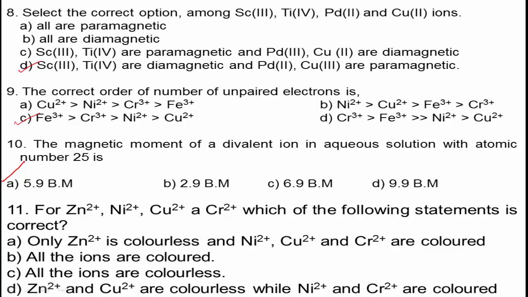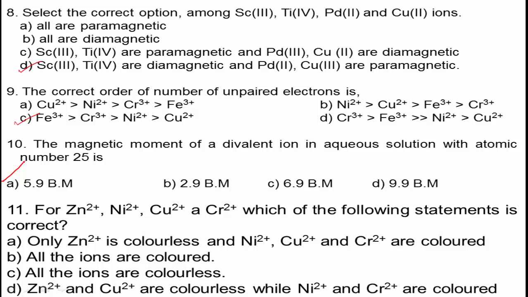Option A, only Zn2 plus is colorless and Ni2 plus, Cu2 plus and Cr2 plus are colored. Option B, all the ions are colored. Option C, all the ions are colorless. Option D, Zn2 plus and Cu2 plus are colorless while Ni2 plus and Cr2 plus are colored.